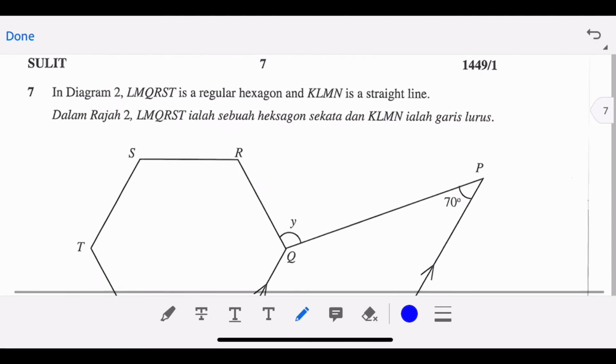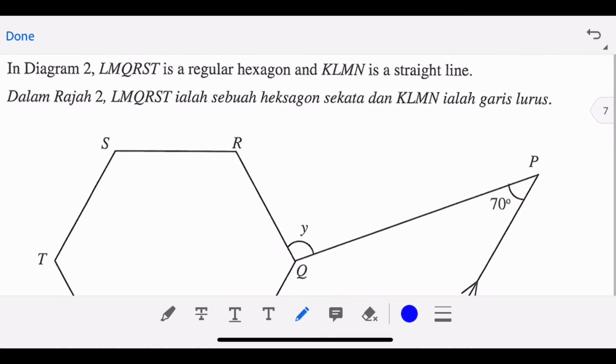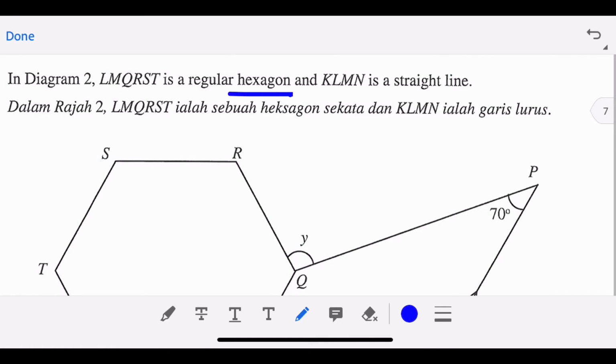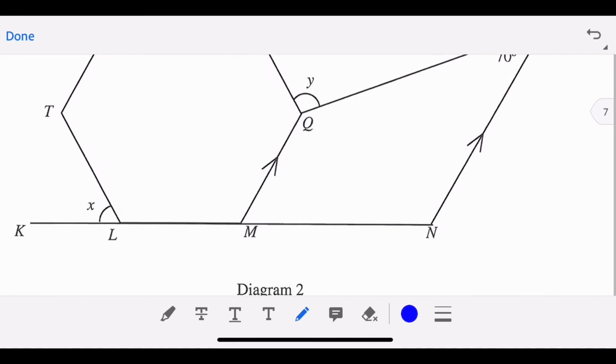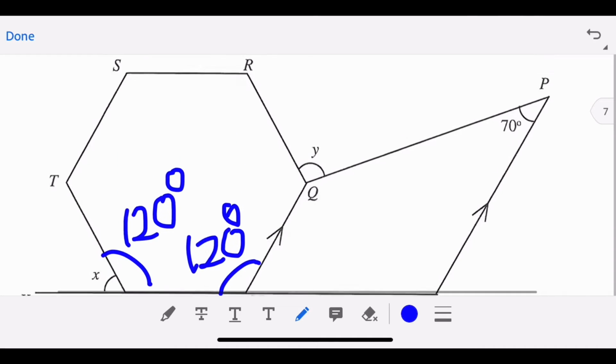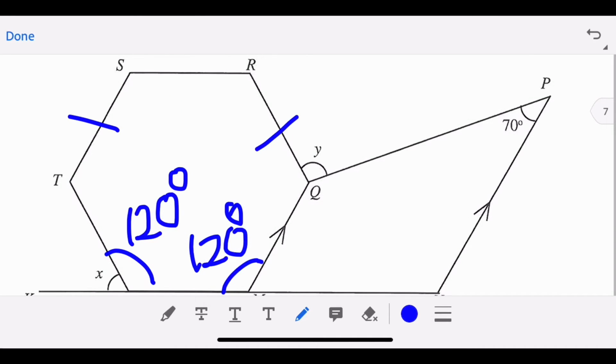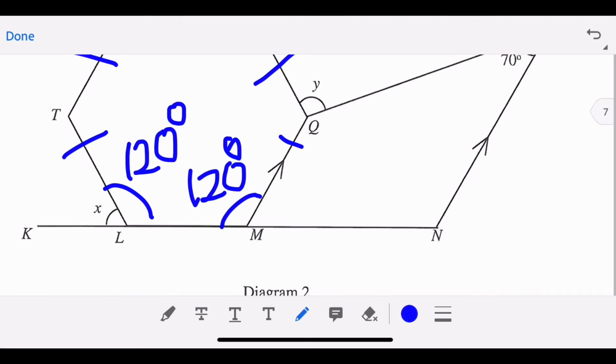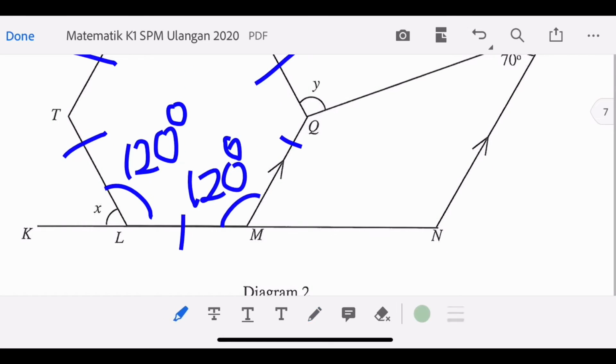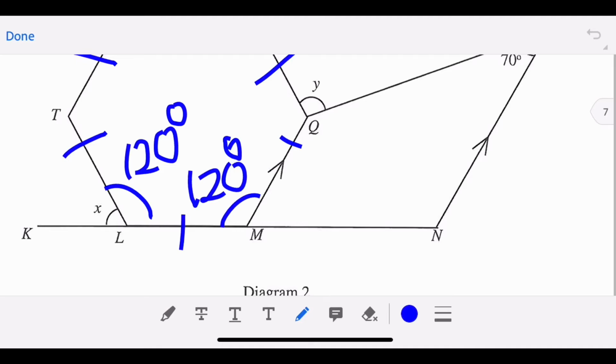Alright, so this one is also your form 1 to form 3 basic. So you have a hexagon again. The internal angle for a hexagon is 120 degree. Please bear in mind that. Each of the angles will be equivalent to 120 degree because it's a regular hexagon.